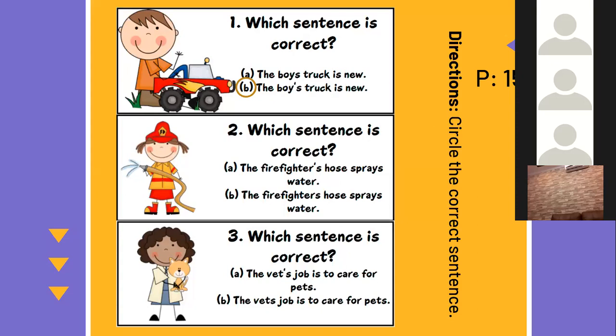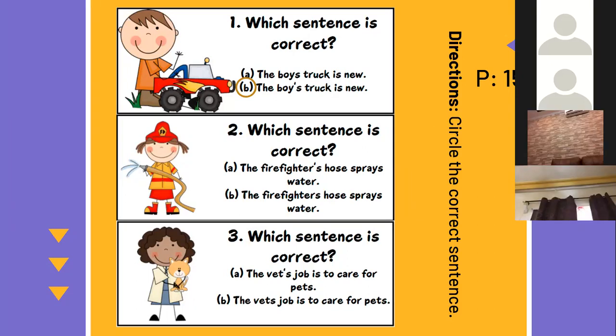Read it. We have 2 sentences in number 2. You have to tell me which sentence is correct. The firefighter's house water. Okay. The firefighter supplies water.